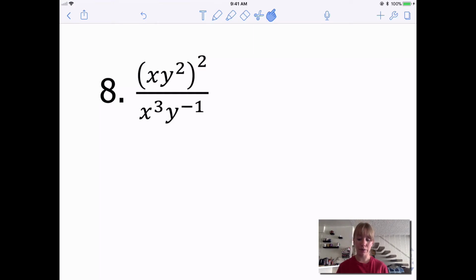Number 8, you want to decide where you want to start. I usually start with my parentheses. I see this 2 in my exponent next to the parentheses. I have to multiply, or bring that into every single piece.